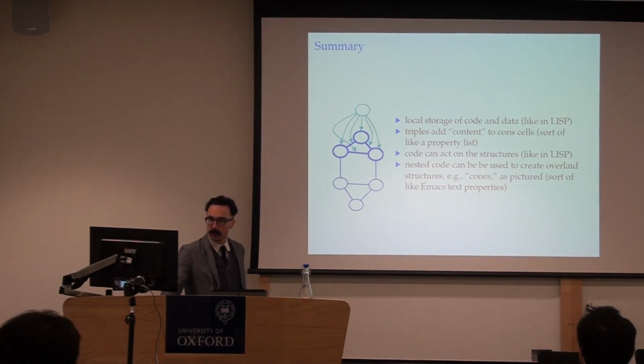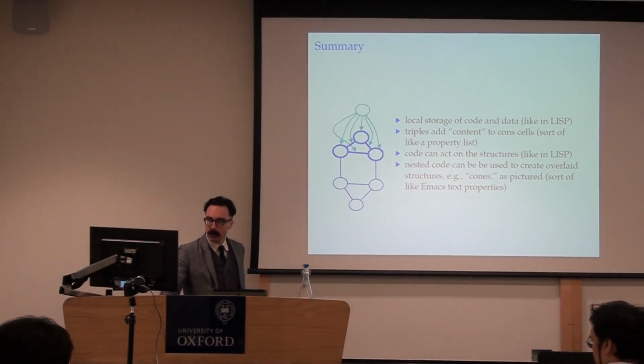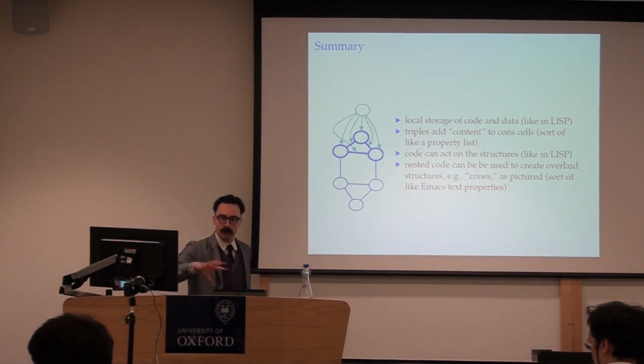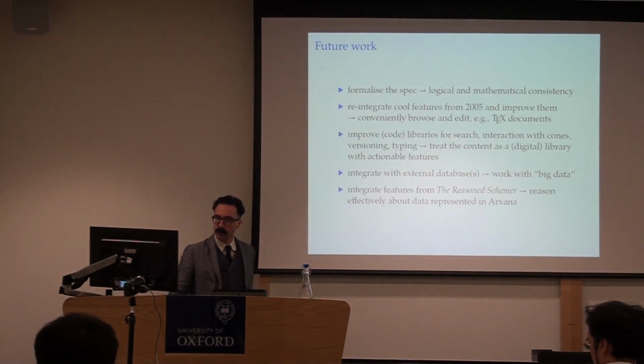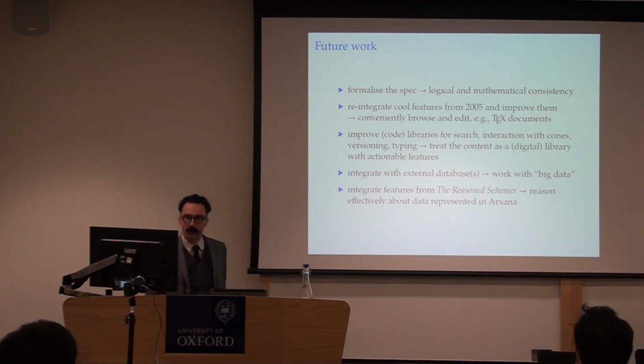Code can then act on the structures, like in Lisp, so you can reason about these graph structures. And nested code can be used to create overlaid structures like this cone I've drawn on the left, and that's sort of like Emacs text properties but attached to a graphical structure as opposed to a linear string of things in buffers. So that's it. Oops, no, it's not quite it.